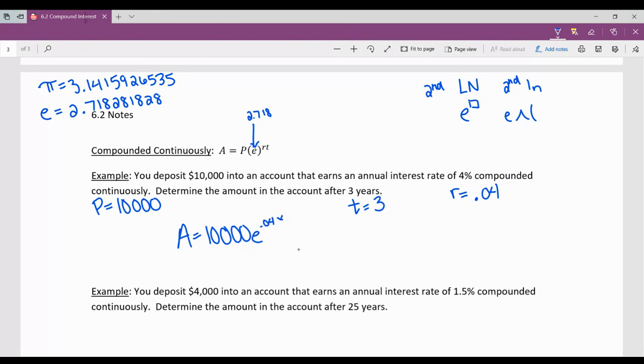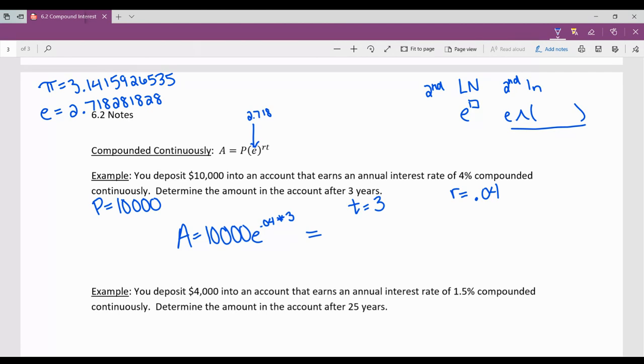0.04 times T, which is 3. All right, so now we're going to try this on the calculator and see if you guys got this. So I'm going to do the E raised to the first because we want to do the exponent part first. So E raised to the 0.04 times 3. You want to make sure that you close those parentheses around the whatever times whatever.